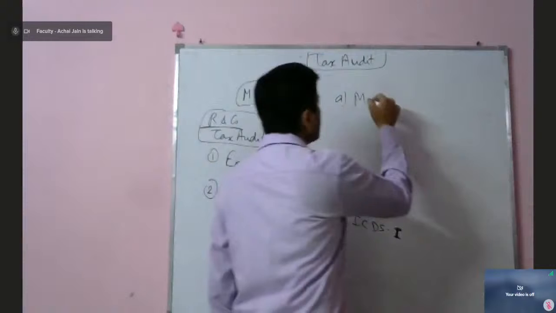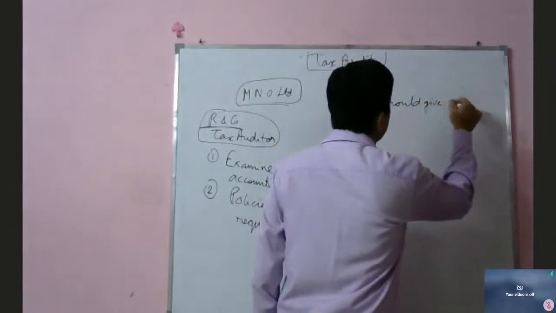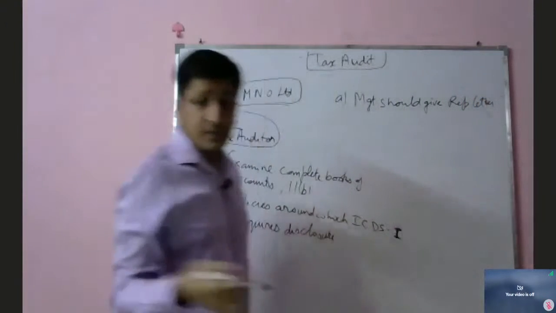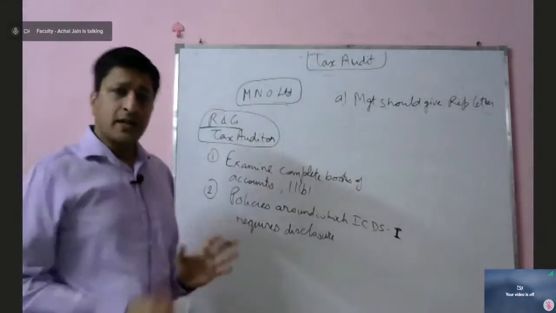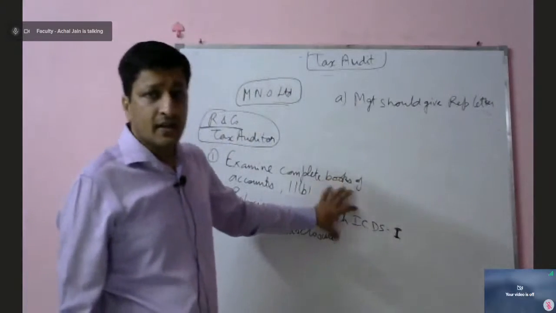So management should give a representation letter in respect of these matters or these requirements to the tax auditor, and that should be good enough to take care of these requirements.